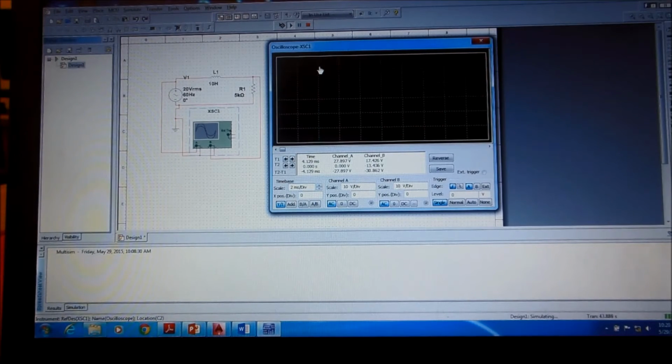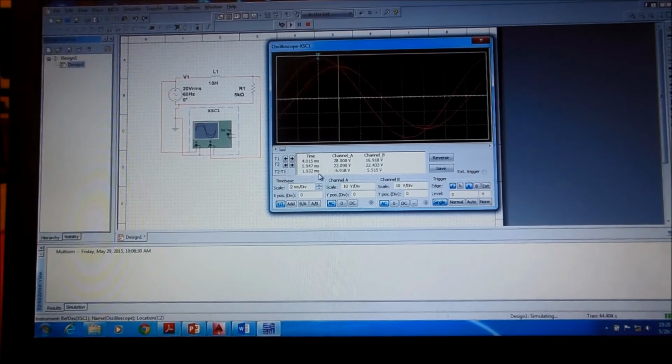Okay, we're going to say that's the peak of that one, and right about there is the peak of that one. And the difference there, and this is the T2 minus T1, we say that's 1.932 milliseconds.